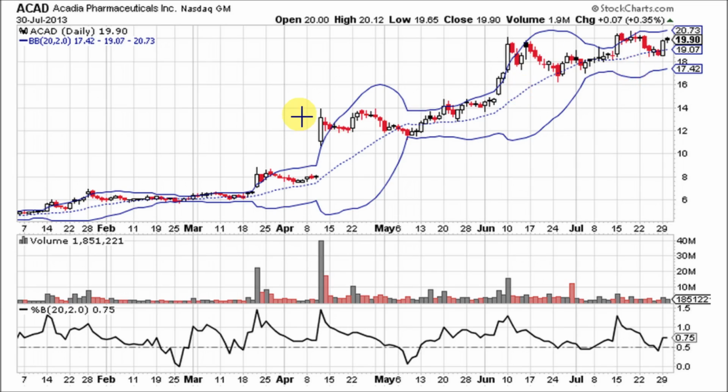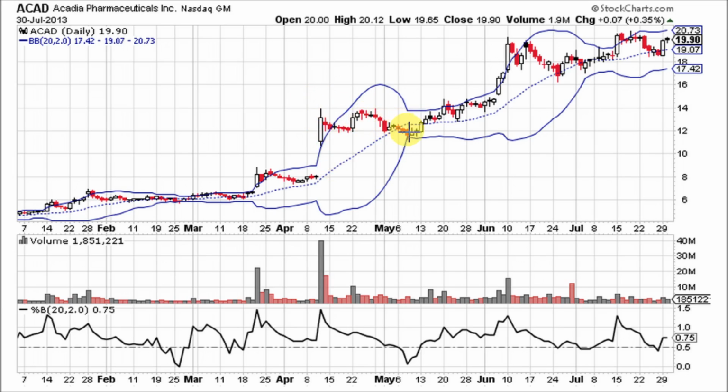But what they're talking about is looking for pullbacks. Okay, you're studying this particular company, you're doing your fundamental analysis, and you like their products or their future. Okay, so on a pop up above the upper Bollinger Band, it pulls back.